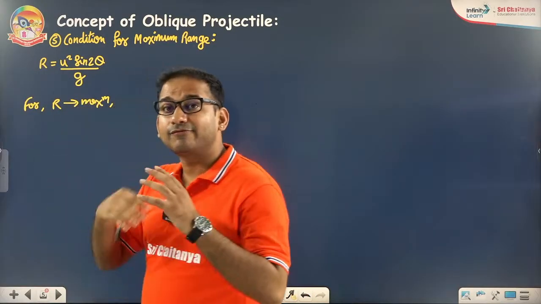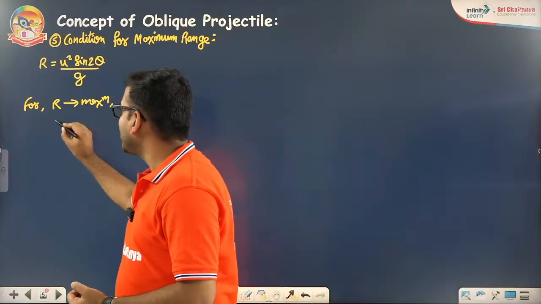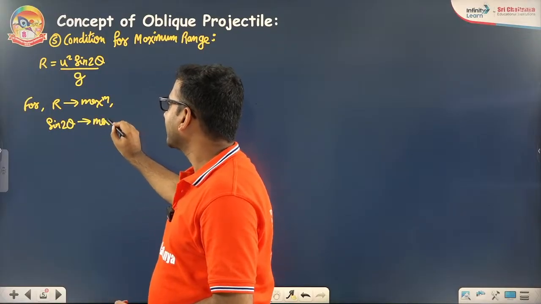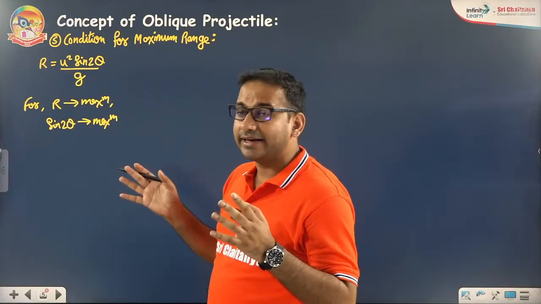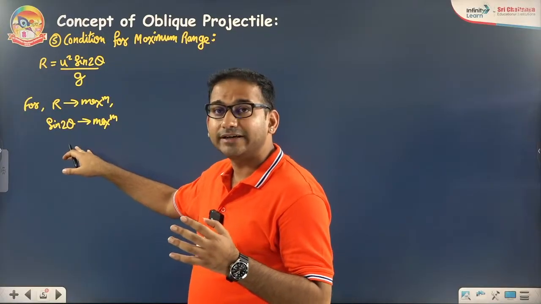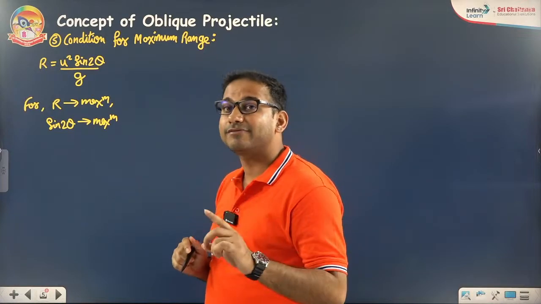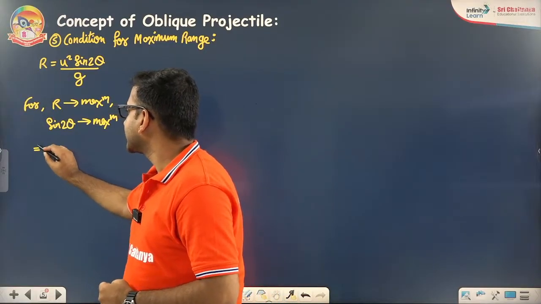For R to be maximum, what you can adjust while throwing is the angle of projection. For R to be maximum, your sine 2 theta must be maximum. Independent of the value of theta that you put here, sine's maximum value is always +1. Okay. That is sine 2 theta.